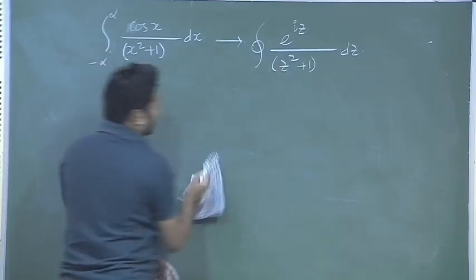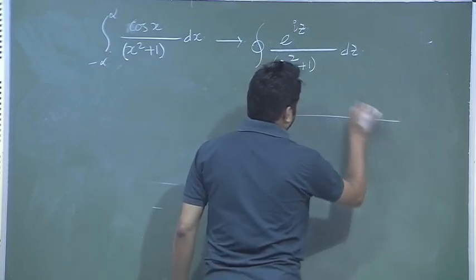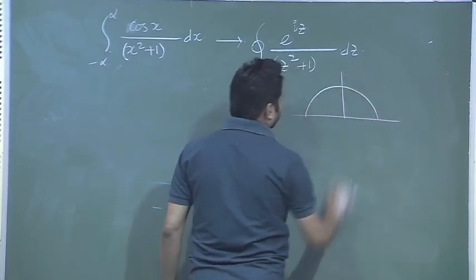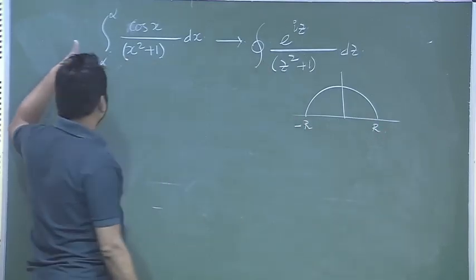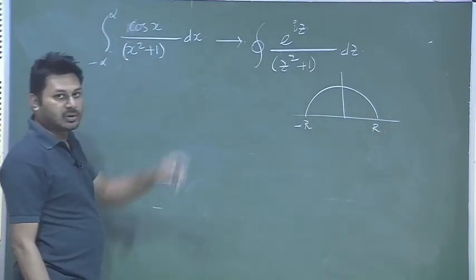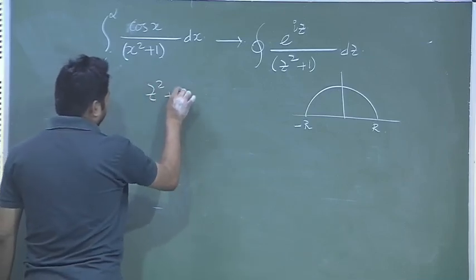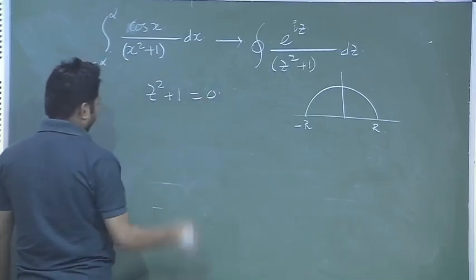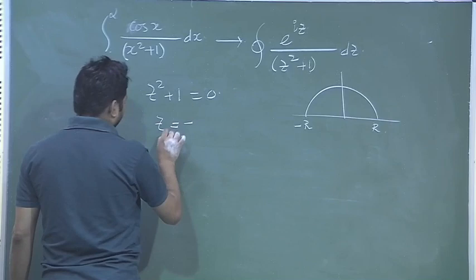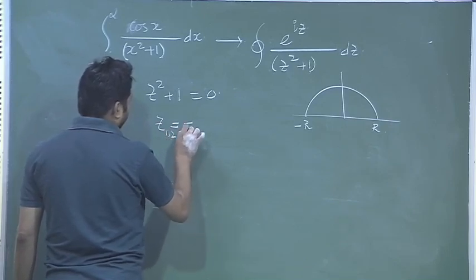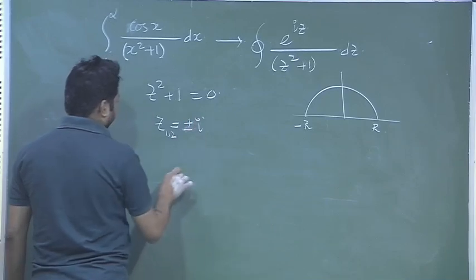So, I am going to use the same contour, minus r to r, because my limit is minus infinity to infinity. Now, if I try to find the residues, z square plus 1 is equal to 0, so z is plus or minus i.